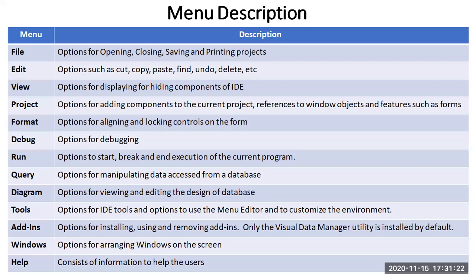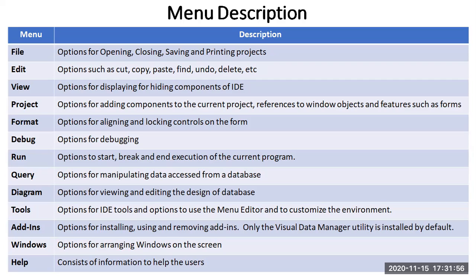The Edit menu has the options such as cut, copy, paste, find, undo, delete, etc. The View menu has the options for displaying or hiding the components of the IDE. The Project menu has the options for adding components to the current project, references to window objects, and features such as forms. The Format menu has the options for aligning and locking controls on the form.